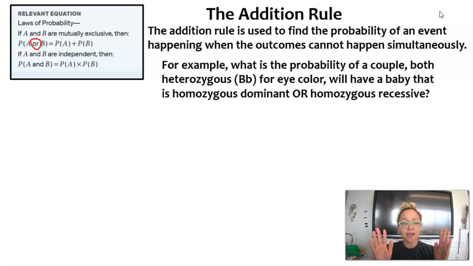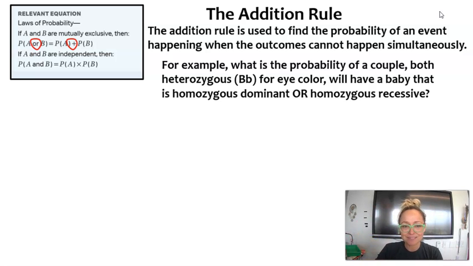This couple cannot have a baby that is both homozygous dominant for eye color and homozygous recessive for eye color. It's not possible. So we're looking at the likelihood of two separate events occurring. I have it circled over here. If the question is "or," that's when you're going to add the probability of each of the separate events together.